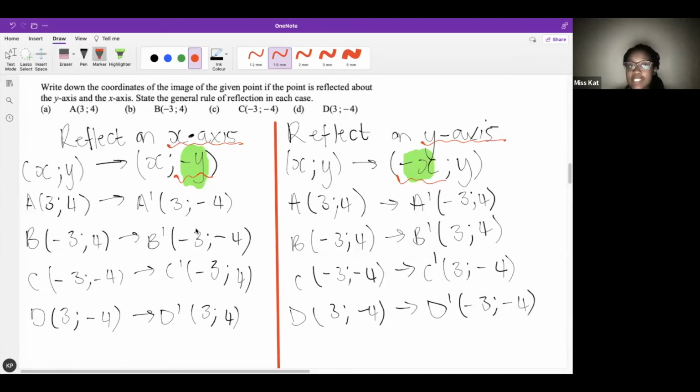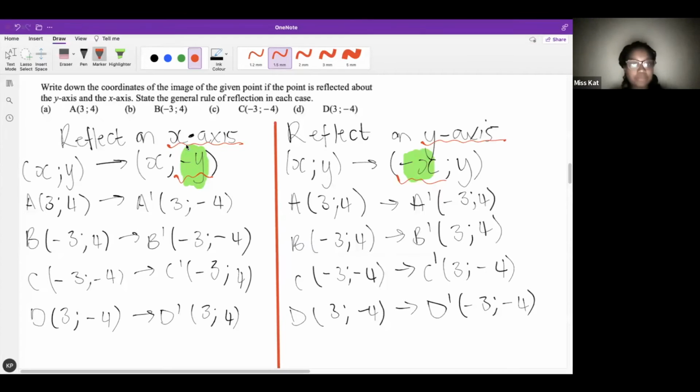Remember, the original C is the same as the reflected D. You just draw the dot on top. Okay. Thank you, ma'am. You're welcome.